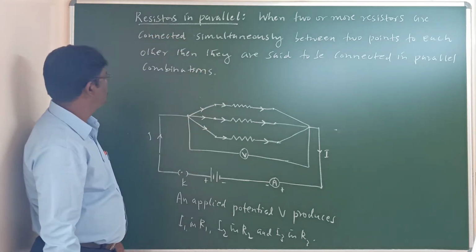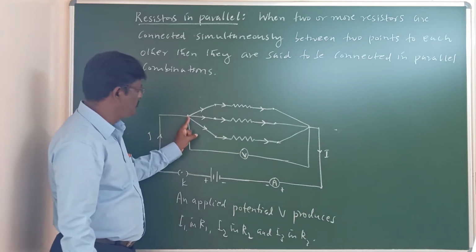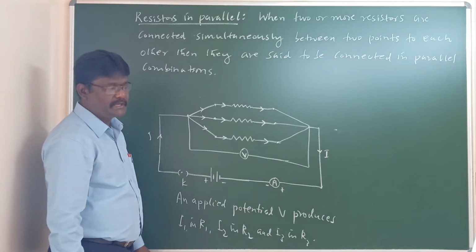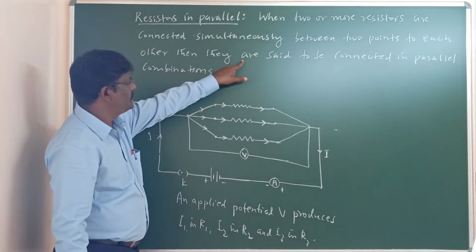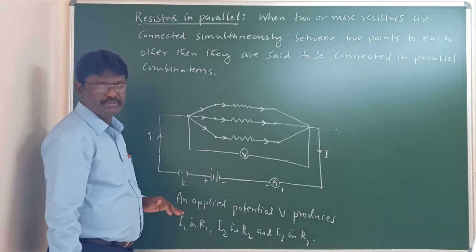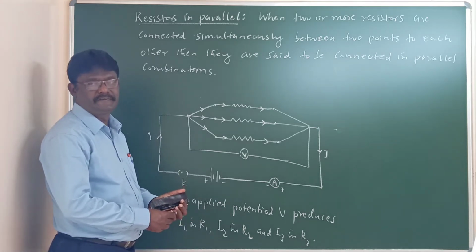When two or more resistors are connected simultaneously between two points, look at that, it is very important, simultaneously at the same time between two points to each other, then they are said to be connected in parallel combinations.